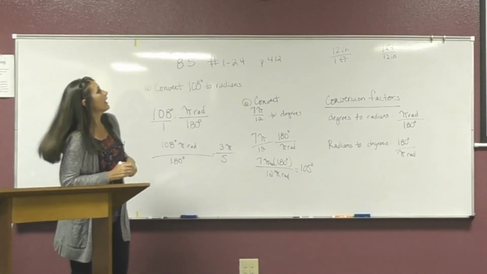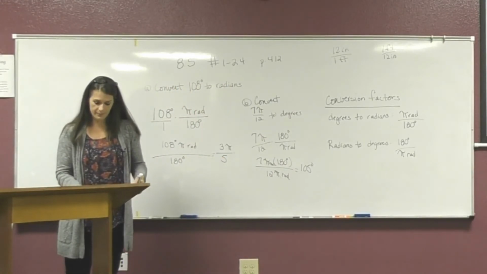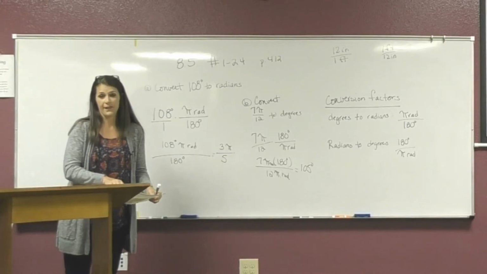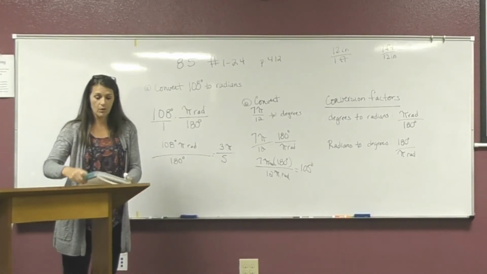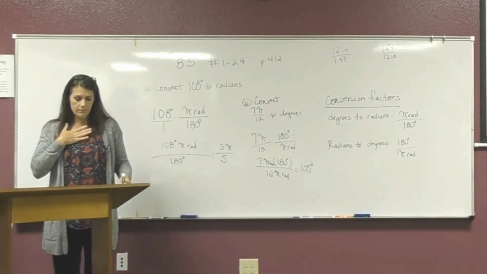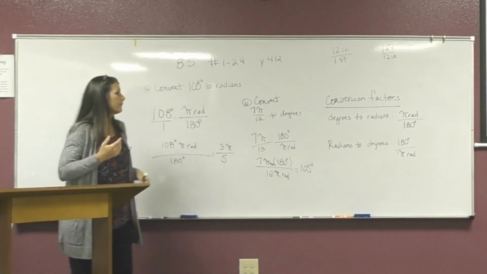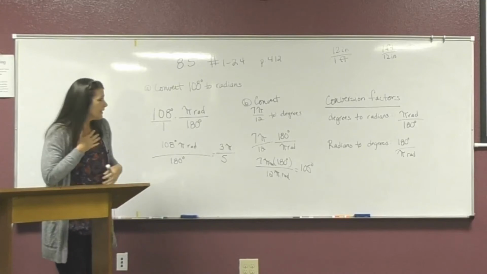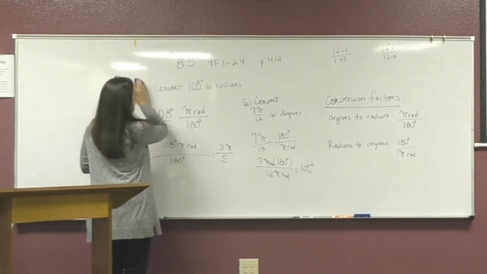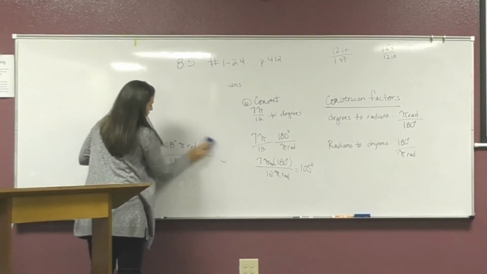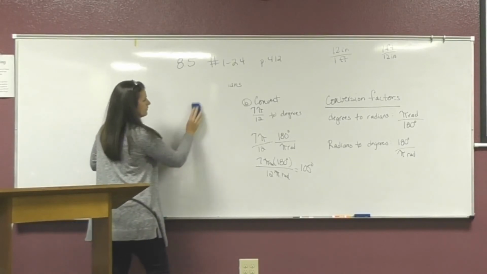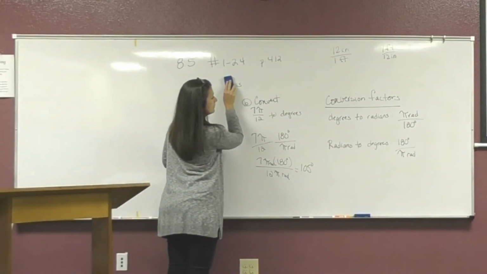So let's just do one of each on your problems. You're going to do numbers 1 through 24 on the next page. So let's just do one of each. Ryan wants to know if you can explain part A again.